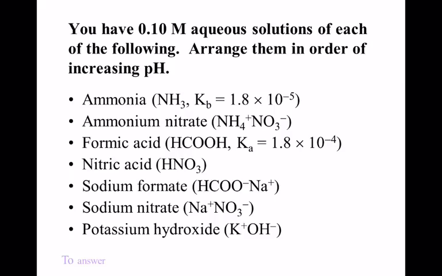What I would do if faced with this is categorize each one of them. You might not know at first, but hopefully it'll start to come to you. For instance, ammonia: the fact that there is a Kb means that it's a weak base. So in the margins I would put WB, weak base.